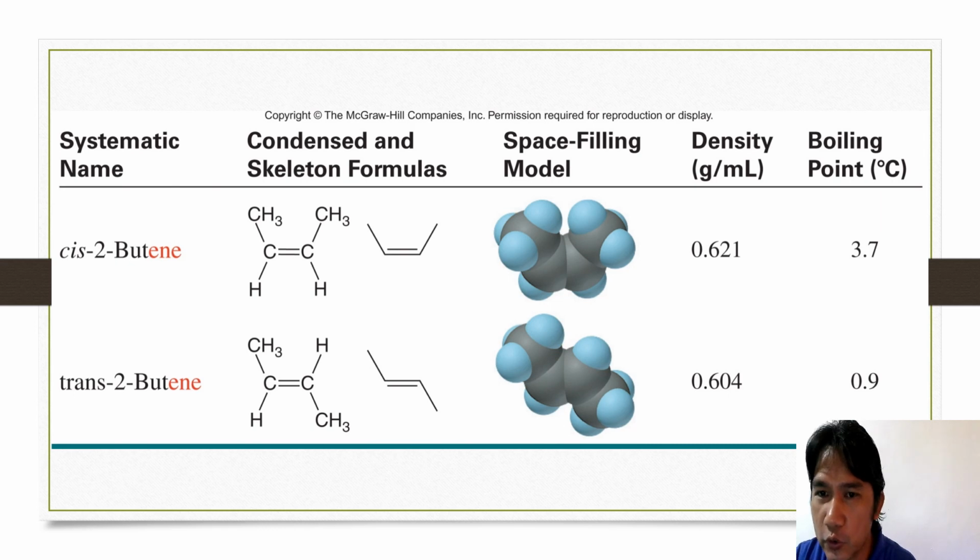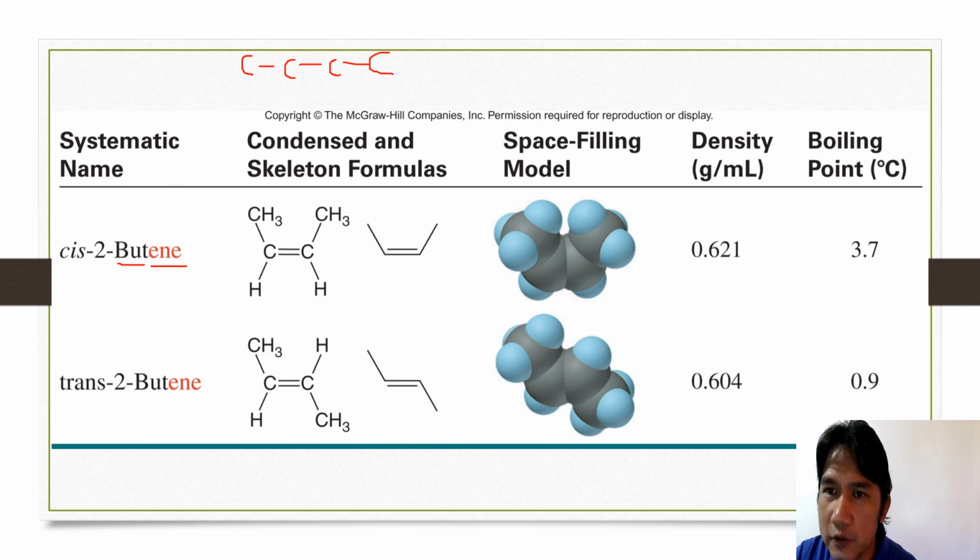Well, structurally they are different, but their molecular formulas are the same. Butene, remember the root is but, and then since there's a double bond, we add ene. Okay, and then as you notice here, the double bond is on the second carbon.